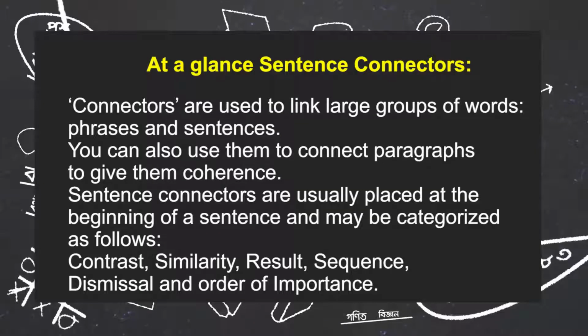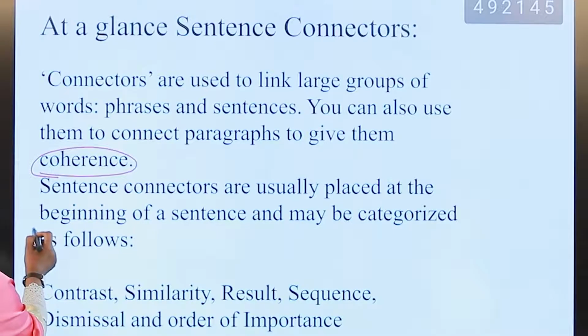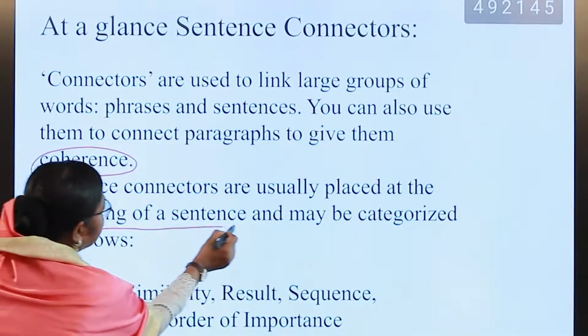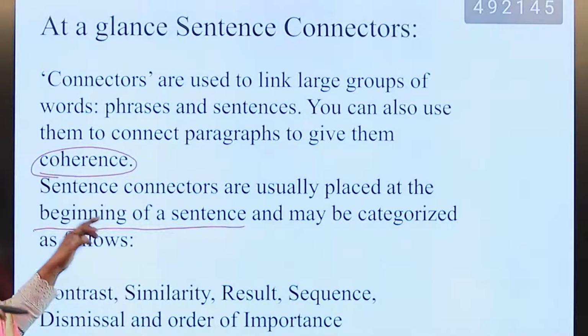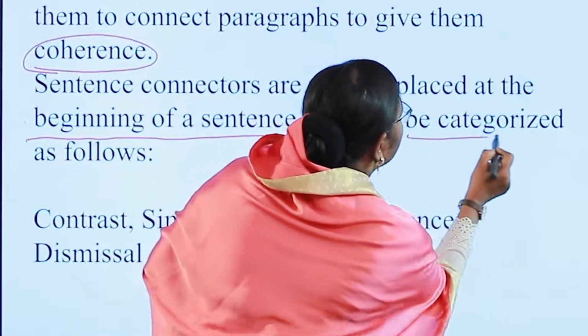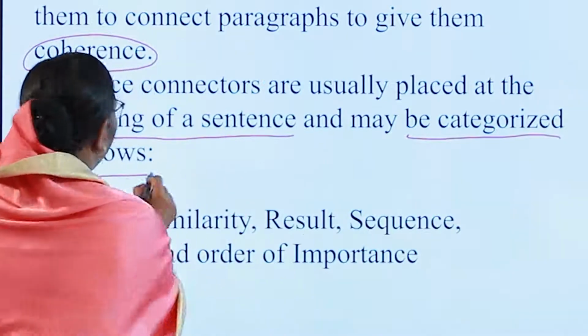Sentence connectors are usually placed at the beginning of a sentence. Note down, beginning of a sentence. I repeat, a sentence connector is usually or generally placed at the beginning of the sentence and may be categorized as follows.